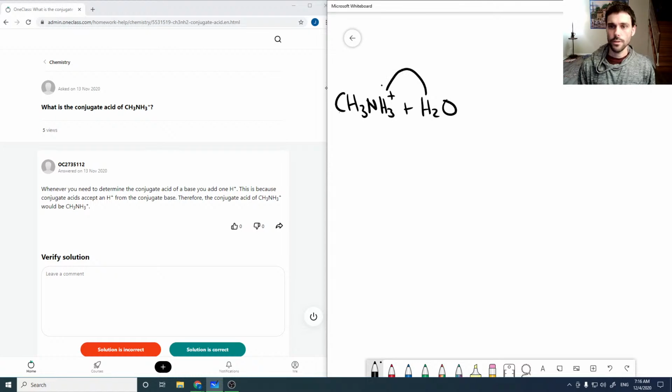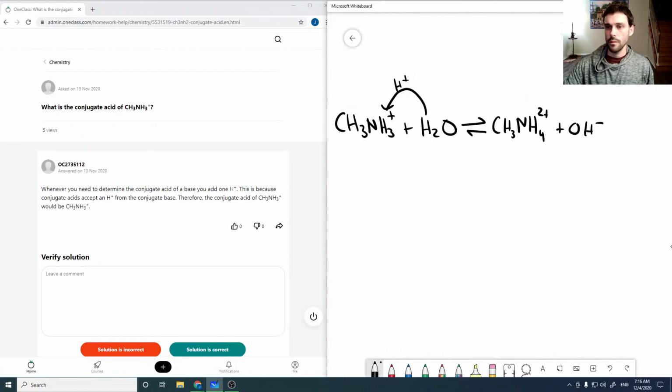So we get hydrogen transfer this way, and it must be CH3NH3 plus... plus OH minus. So then these two species are acid-base pairs, and so are these two.